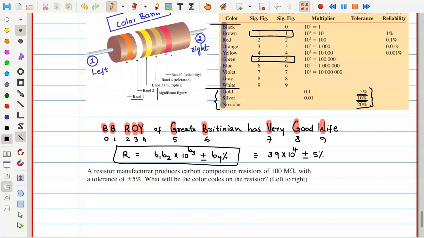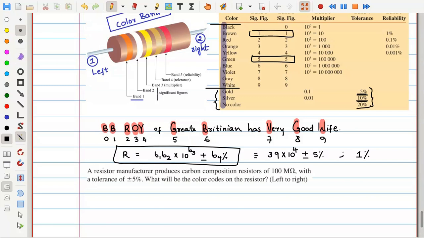Now, one more is there, reliability. If you measure this resistance value with an ohm meter 100 times, will I get the same value 100 times? That is what reliability is. Reliability 1%.